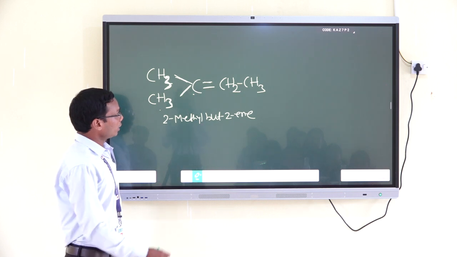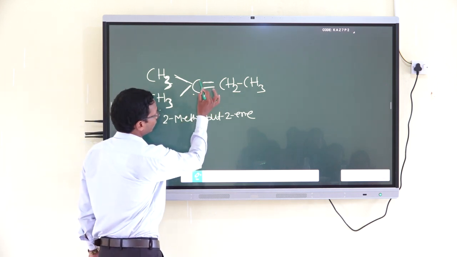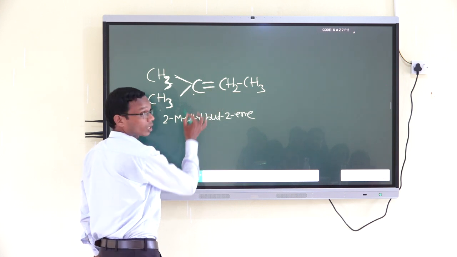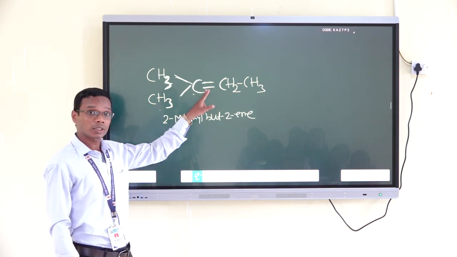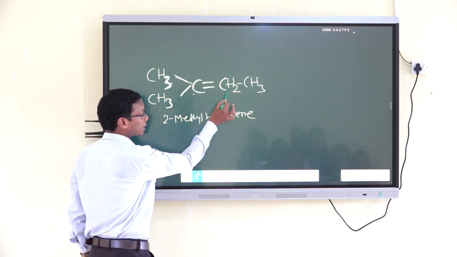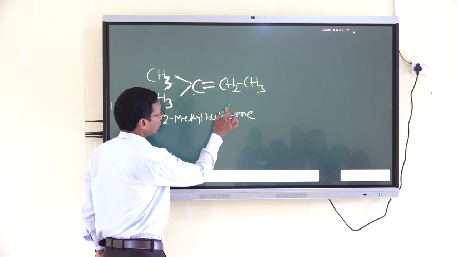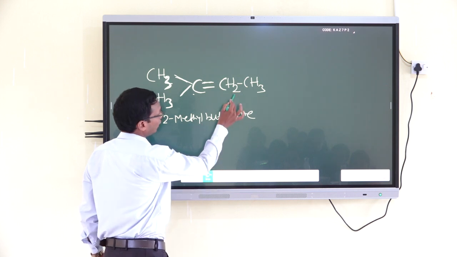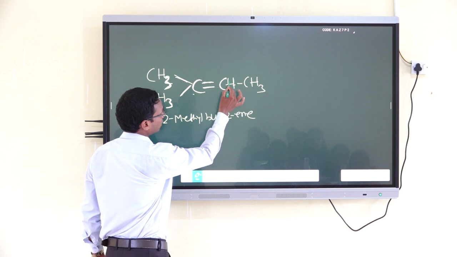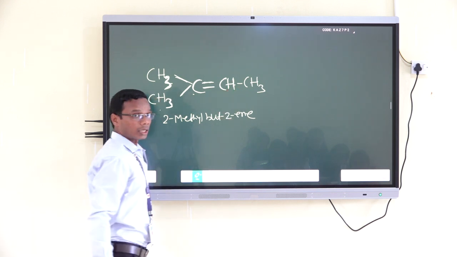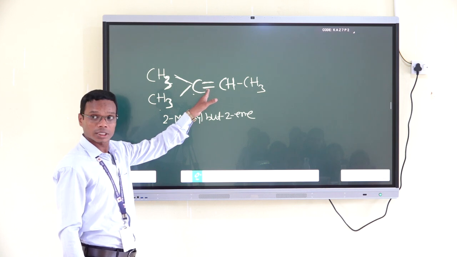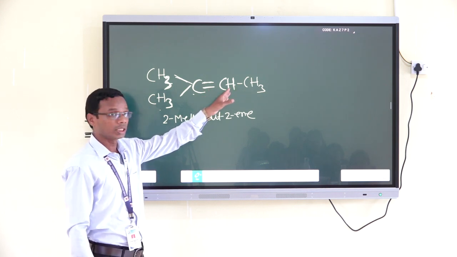Now look carefully. There are two carbons, this carbon and this carbon. There is a double bond between these two carbons, and this carbon has no hydrogen and this carbon has hydrogen. Sorry, this will be CH, because on the left side there are two bonds and on the right side there is one bond, so it is CH.